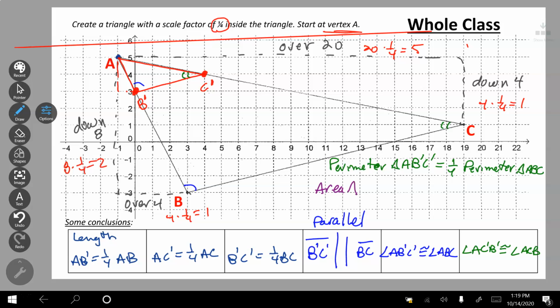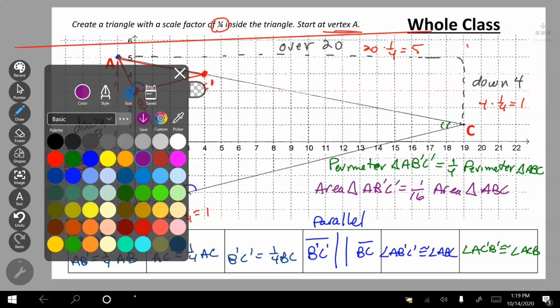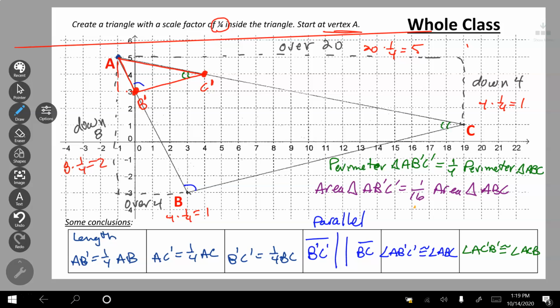The area of triangle A, B prime, C prime is equal to 1/16 of the area of triangle ABC, because I have to do not 1/4, but 1/4 squared. Area is always a squaring relationship.